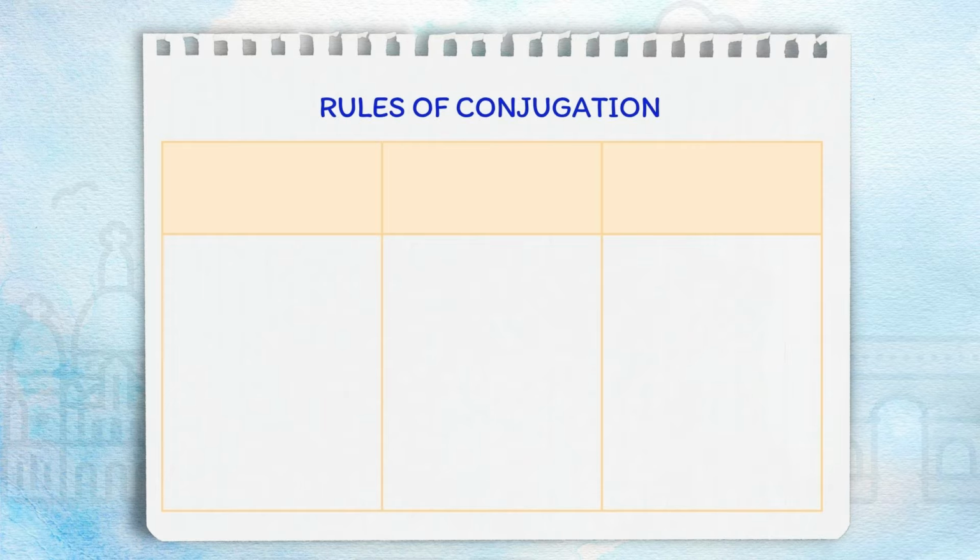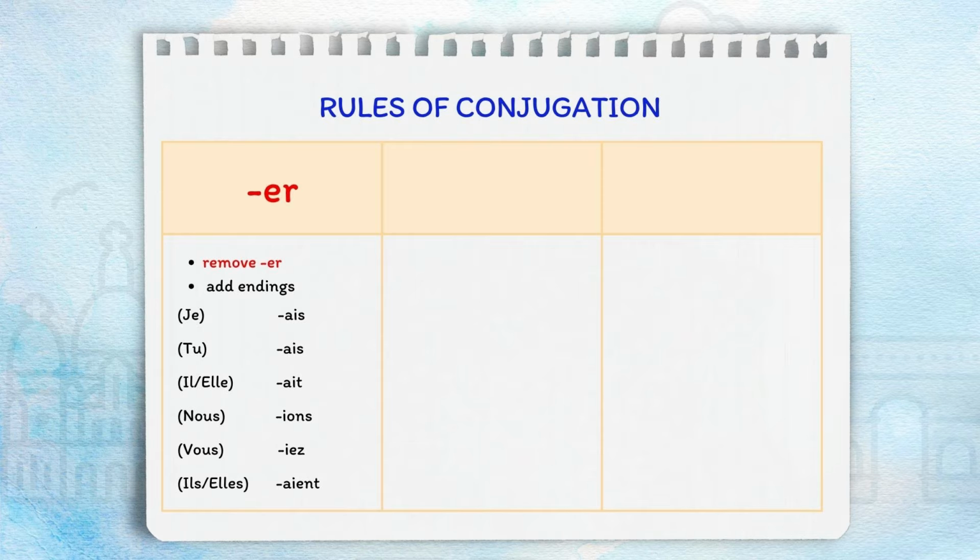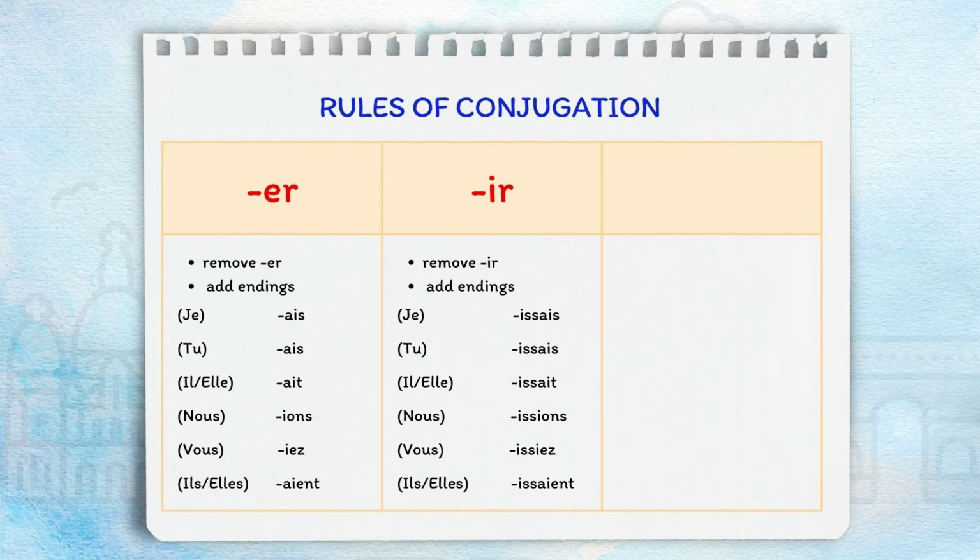Now let's dive into the rules of conjugation for the imparfait tense in French. For regular -er verbs, you simply drop the -er ending and add the appropriate imparfait endings. Regular -ir verbs follow a similar pattern.